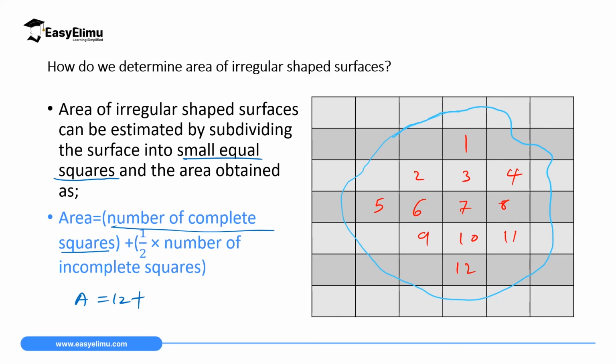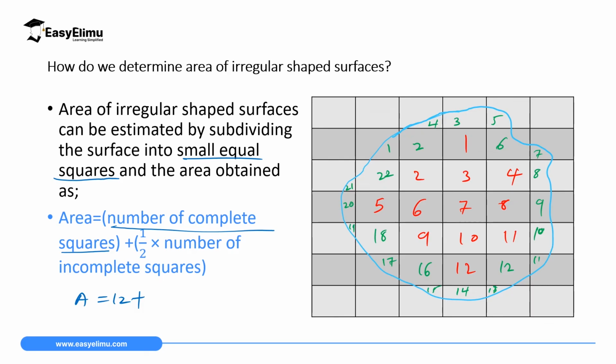Let's use green in this case. So it will be 1, 2, 3, 4, 5, 6, 7, 8, 9, 10, 11, 12, 13, 14, 15, 16, 17, 18, 19, 20, 21, 22.